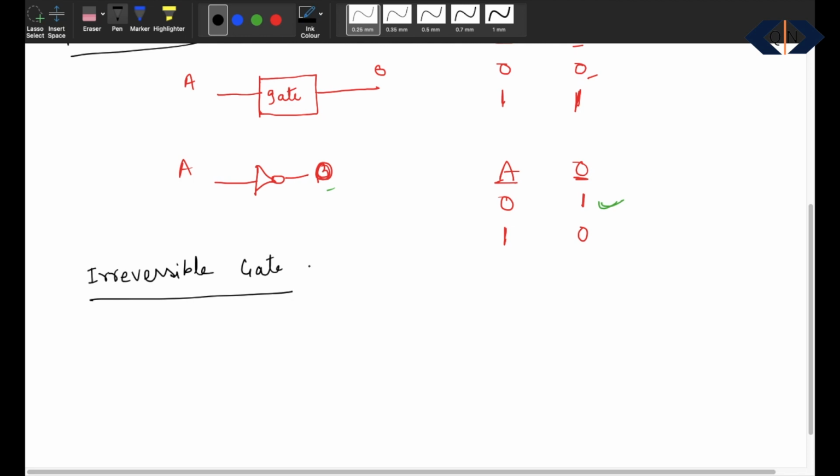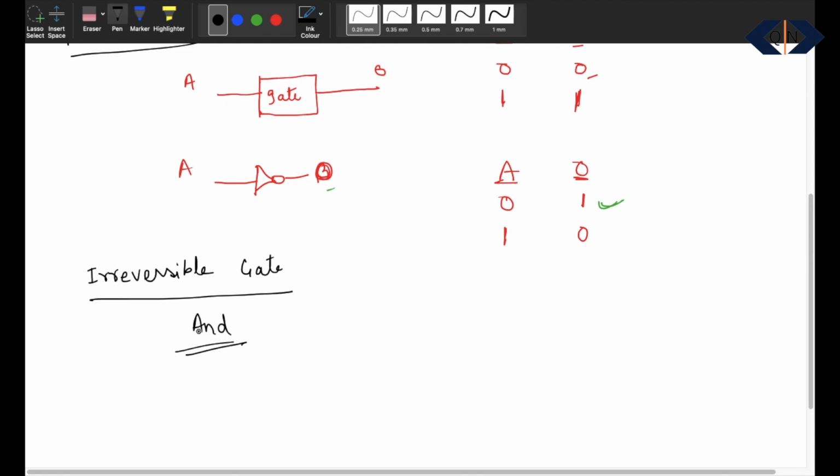Now irreversible will be just the opposite of that. So irreversible gates are those gates where through the output only we can't determine what its input was. One simple example is the AND gate itself.